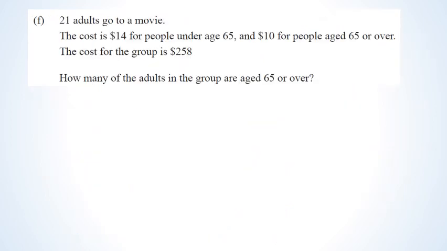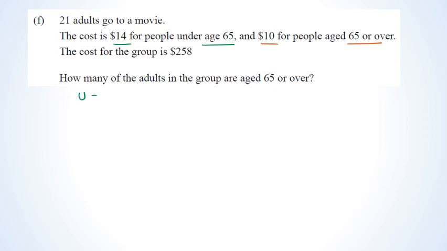Okay, so in this question, we've got 21 adults that are going to a movie. The cost is $14 for people under the age of 65 and $10 for people aged 65 or over. So I'm going to put down some symbols to use.